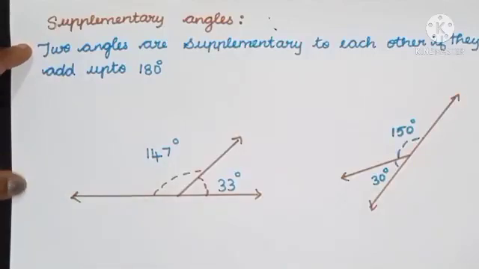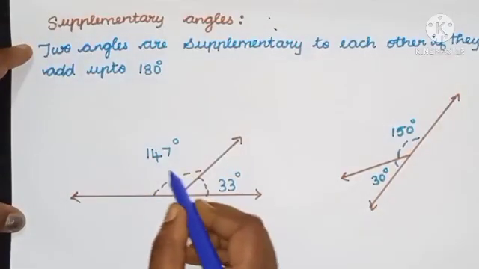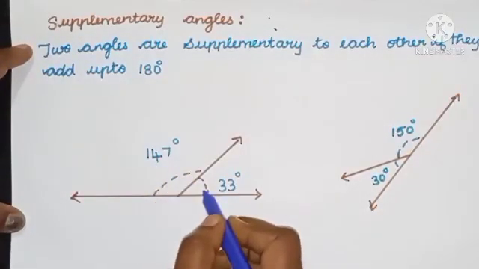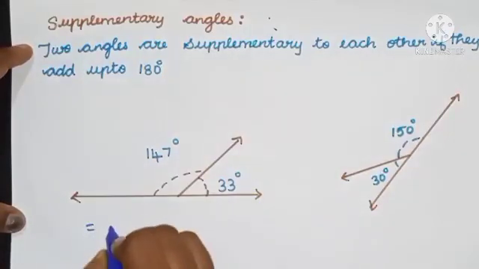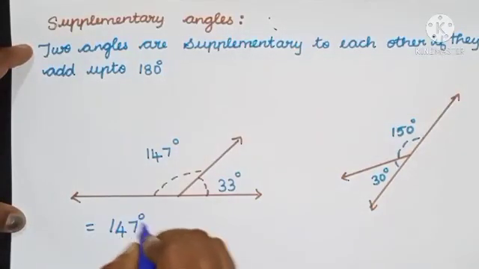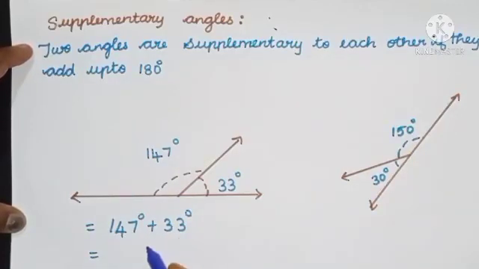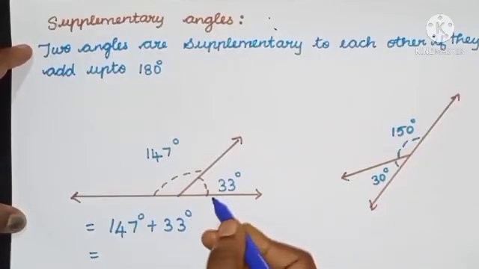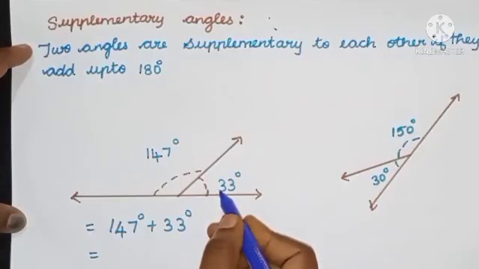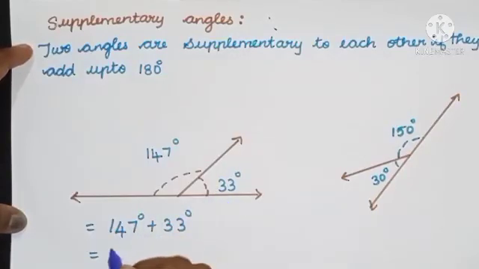For example, see here, one angle is 147 degree and the other one is 33 degree. If they add up to 180 degree, then it is called supplementary angles. See here, 147 plus 33 is 180 degree. It is equal to 180 degree. So it is called supplementary angles.